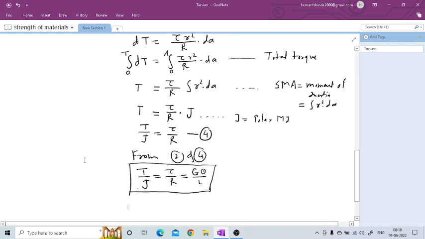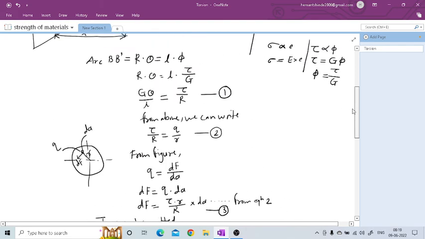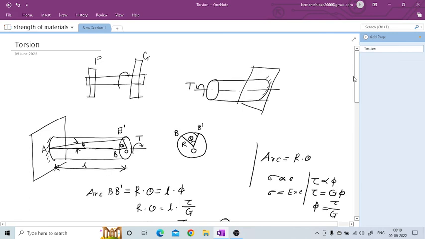So I will summarize the things within a minute. When any shaft or any rotating particle is subjected to torque, ultimately the other end will oppose the motion, so that it will be subjected to twist. This twisting moment is called torsion. Now, in the torsion, we have to apply the torque.